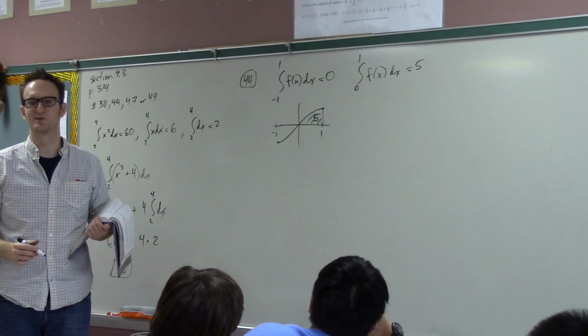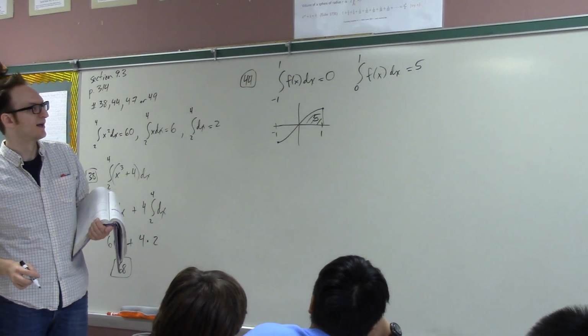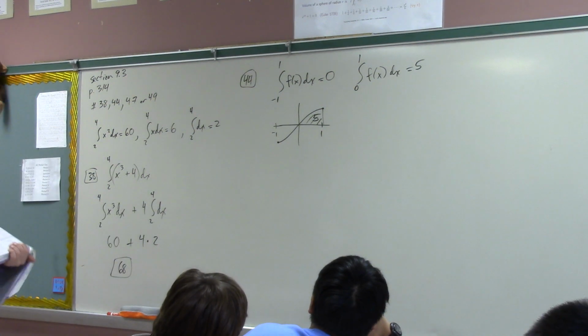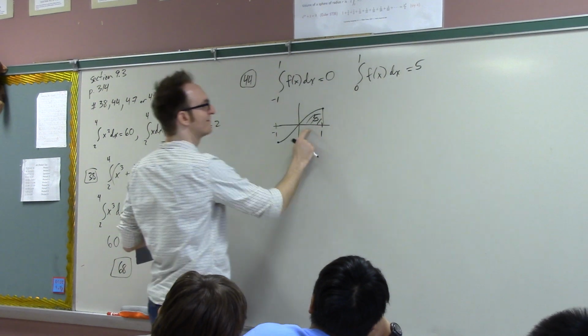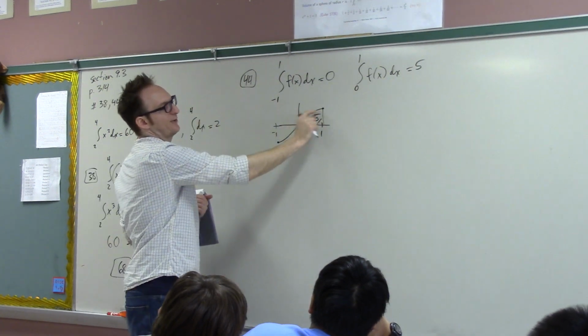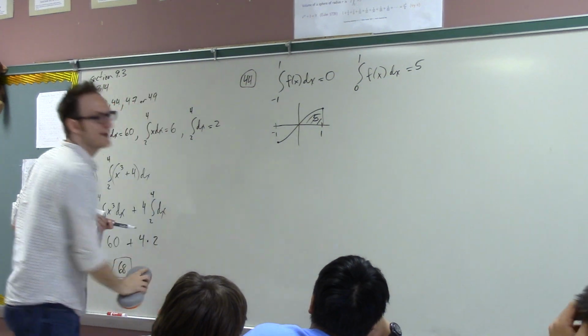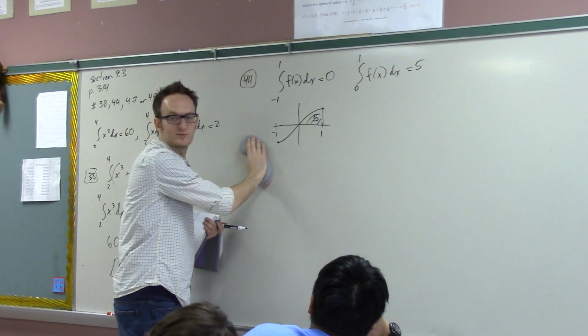Is anyone tempted to draw that picture? Seems tempting. However, that's a potentially misleading picture. Just because the integral from 0 to 1 of some function is 5 doesn't necessarily mean that the function is positive here. There could be some positives and some negatives that balance each other out. So, before I erase this, you guys see what I'm talking about here?